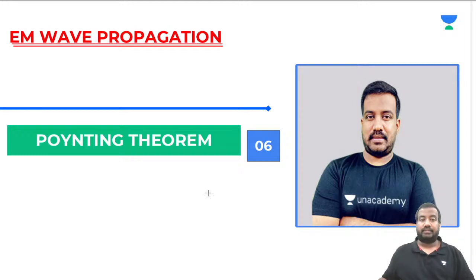Fine. Thank you. So as a major topic, we are going to cover Poynting theorem. Already we had completed EM wave propagation through free space, through materials, through good conductors, good dielectrics, and perfect dielectrics in the previous sessions of the series.